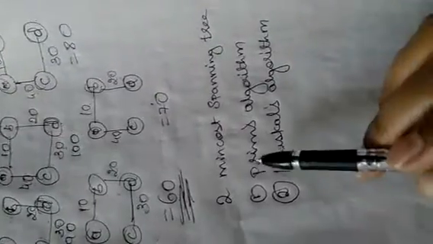Both these algorithms are written in order to find out the minimum cost spanning tree. These are very important, Prim's algorithm and Kruskal's algorithm.